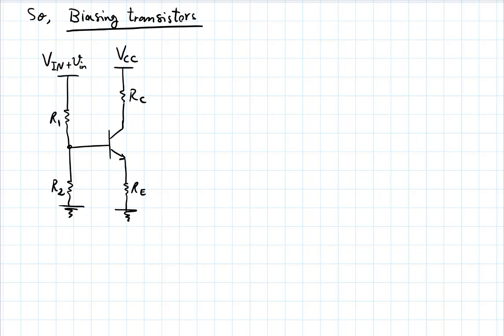Then you will find an output that is some bias point plus some small signal variation.